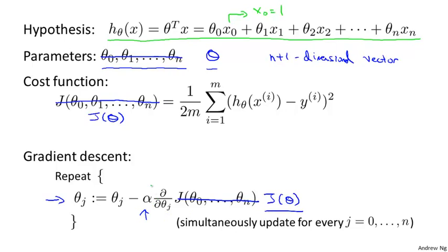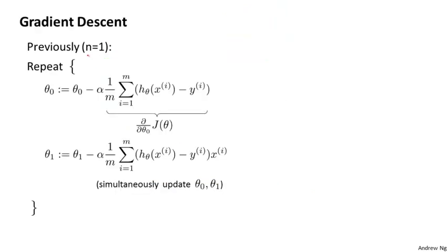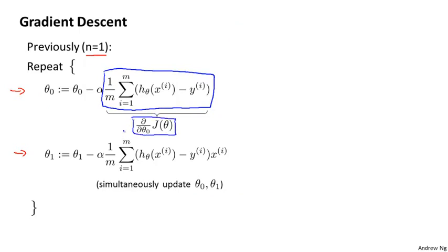Let's see what this looks like when we implement gradient descent, and in particular, let's see what that partial derivative term looks like. Here's what we have for gradient descent for the case of n equals 1 feature. We had two separate update rules for the parameters theta 0 and theta 1, and hopefully these look familiar to you. And this term here was, of course, the partial derivative of the cost function with respect to the parameter theta 0.